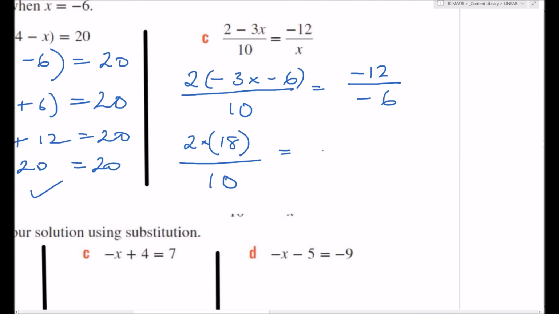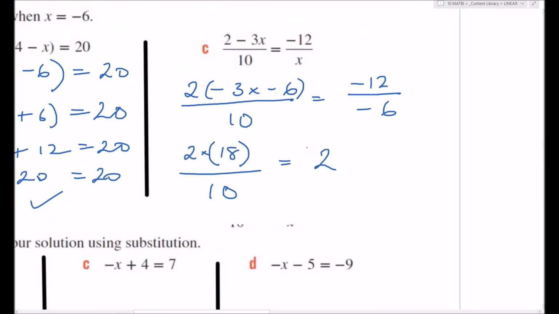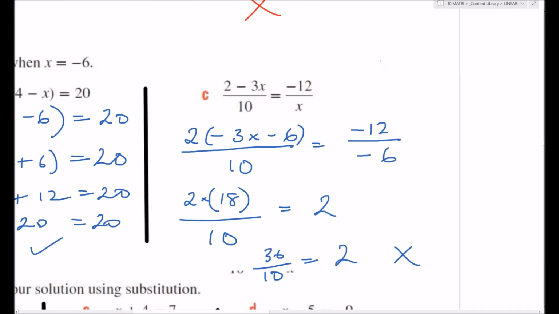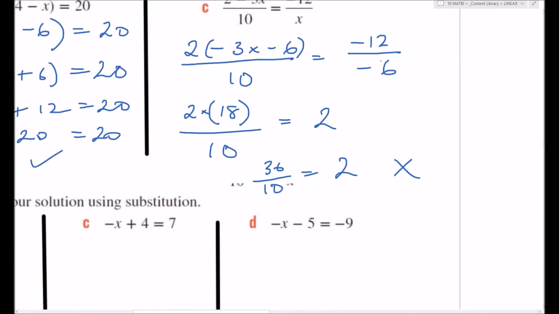So 12 divided by 6 leaves you with 2. Okay, so moving on from there, 2 times 18 is 36 over 10 equals 2. And already that will not make sense, okay, because 36 divided by 10 does not equal 2, so that's incorrect. That equation is not true.